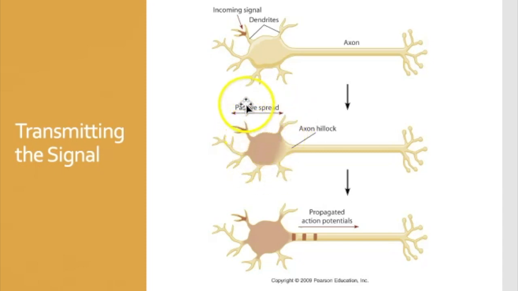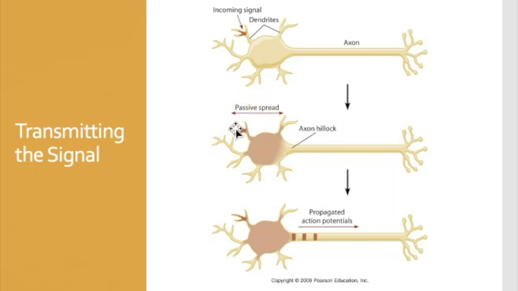Notice that it started to spread backwards up the dendrites, and it started to spread forwards into the neuron cell body. It just spreads in all directions, passively though, losing strength as it gets farther and farther away from the original stimulus.